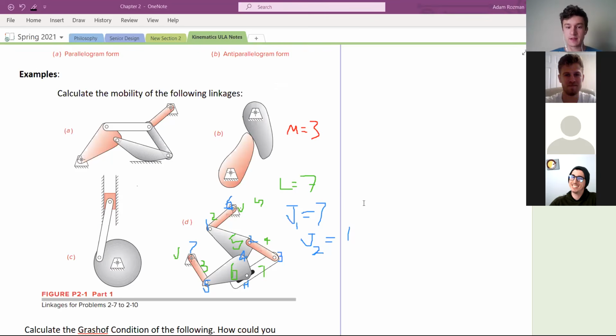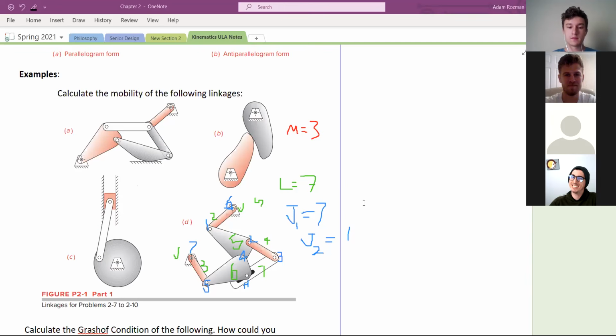Does anyone have any questions about what we just did? I do have a quick question. I don't know if you want to do this now or later, but in the homework for 2.21, some of them had different answers for what you posted versus what was in the book, and I was curious which would be the right answer if it came up on the exam.